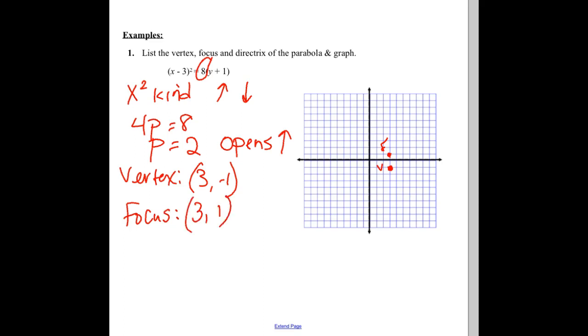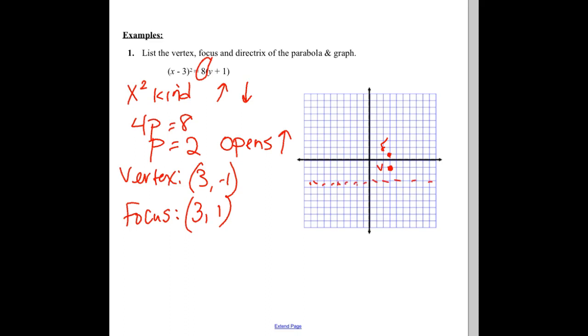Okay. And if the focus is 2 above the vertex, where is the directrix? 2 below. Okay. So we go 2 up to get our focus. We're going to go 2 down to get our directrix. Now remember, the directrix is not a point. It is a line. Okay.